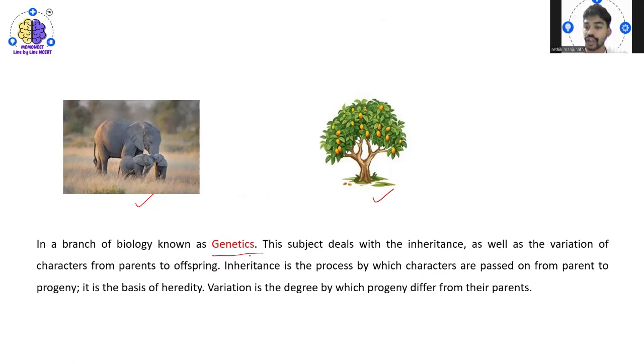Therefore, remember that inheritance is the process by which characters are passed on from parents to their progeny, that means from parents to their children. It is the basis of inheritance, and variation is the degree by which the progeny differs from their parents. So inheritance, or heredity, is what is passed on from the parents to their progeny.